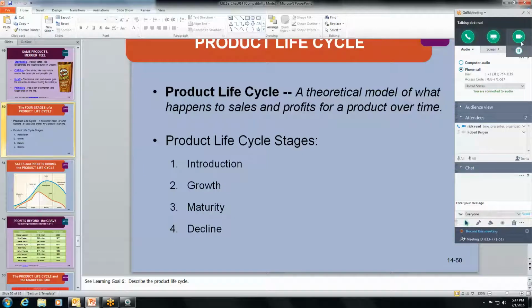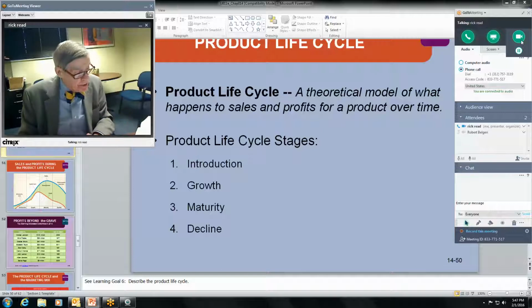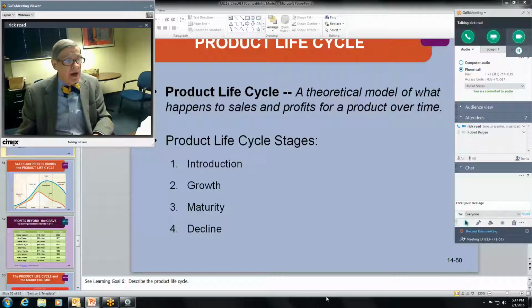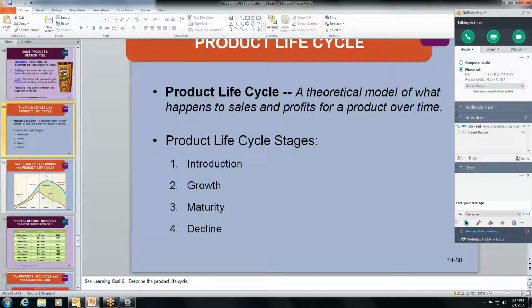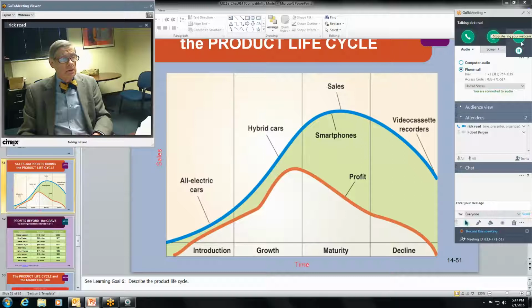This is the product life cycle. There are four stages: introduction, growth, maturity, and decline. You can see this graphically displayed in your text, figure 14.4 at the top of page 485, and it gives you some idea of where we're going. I would tell you that all-electric cars are probably moving into the growth area, whereas hybrid cars are probably moving into the mature area.